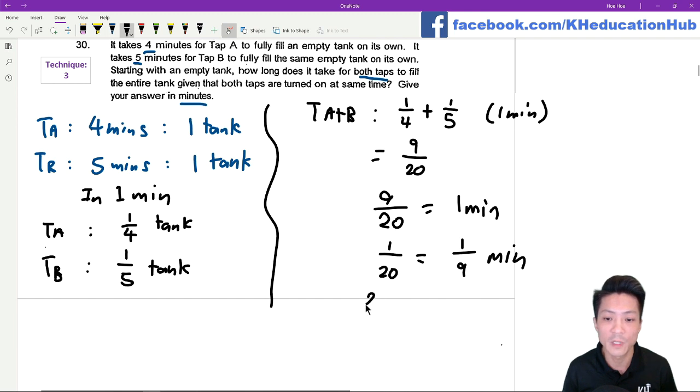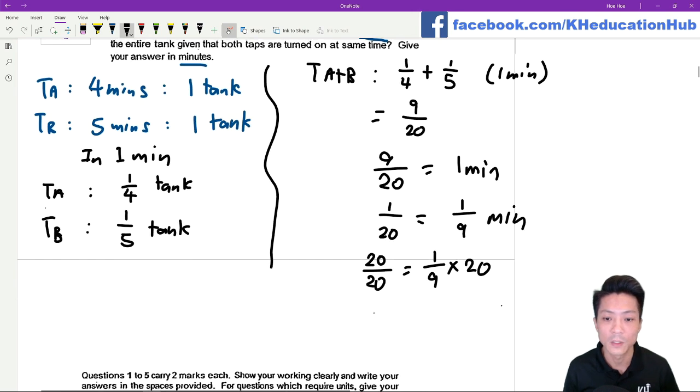So if I want to fill up the whole tank, which is 20 over 20, I will need to use 1 over 9 multiplied by 20, which is 20 over 9, and if you change it into mixed number, it will be 2 and 2 out of 9 minutes. Okay, this will be the answer.